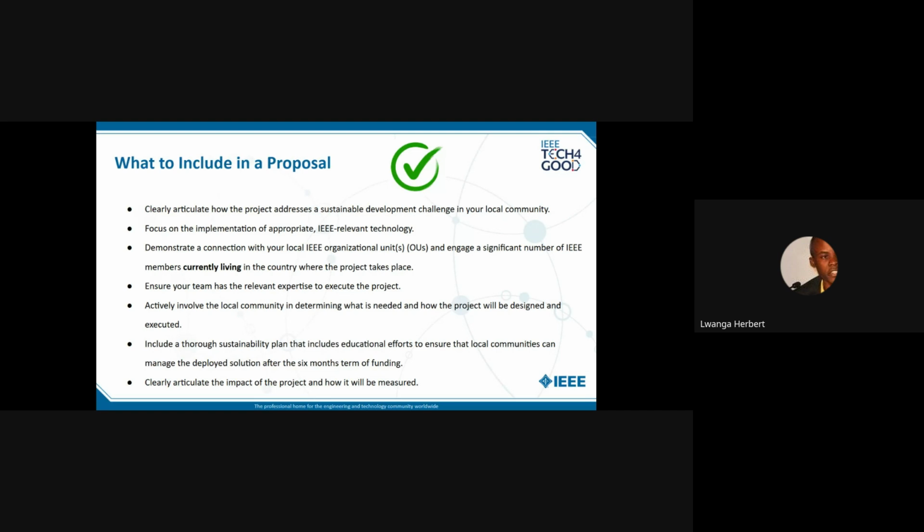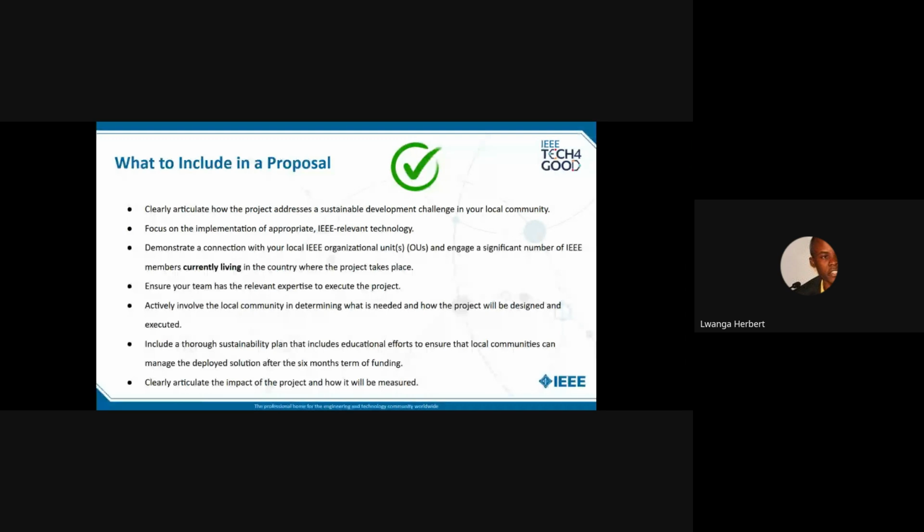What are some of those key issues we should really look at including in our proposals in order to make them strong? The first one is to clearly articulate how the project addresses a sustainable development challenge within your community, while focusing on those things that the call for proposals has clearly noted.